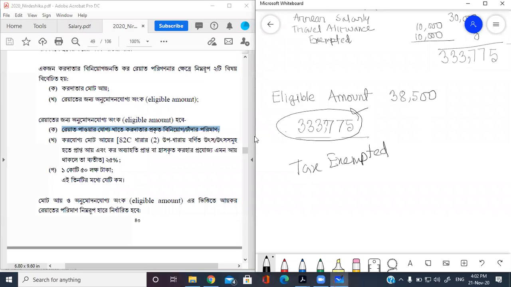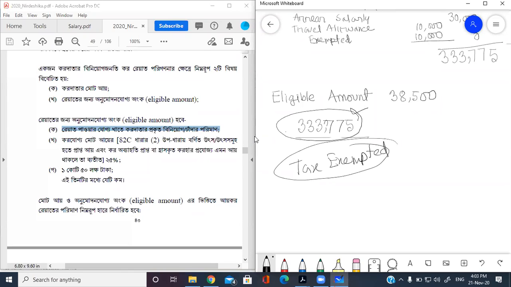For example, you receive a concessional passage as per your employment contract. So you know it very well that it is tax exempted.